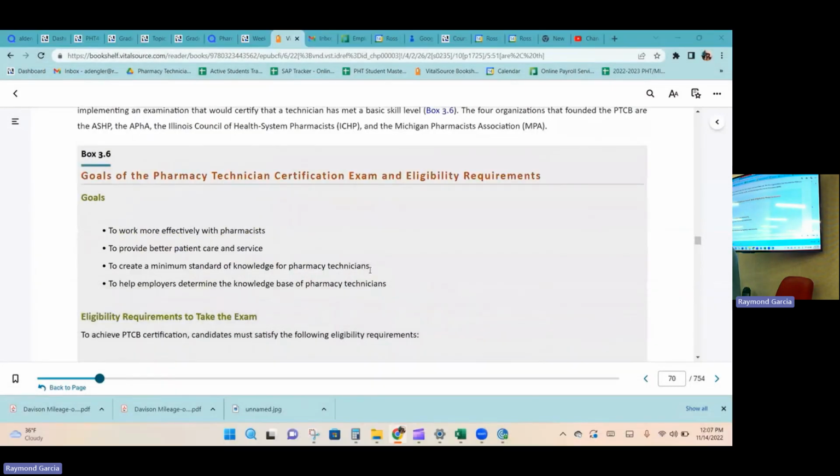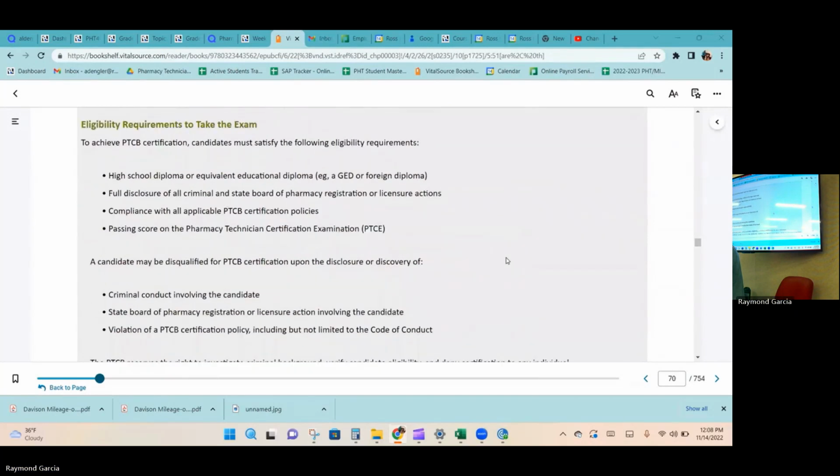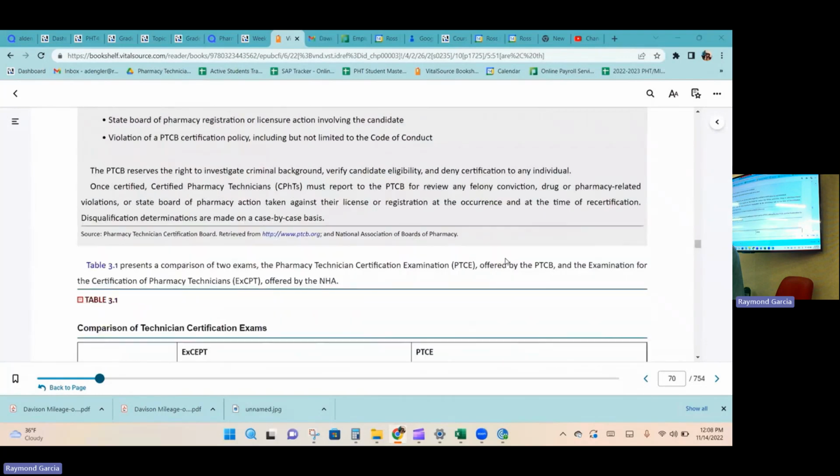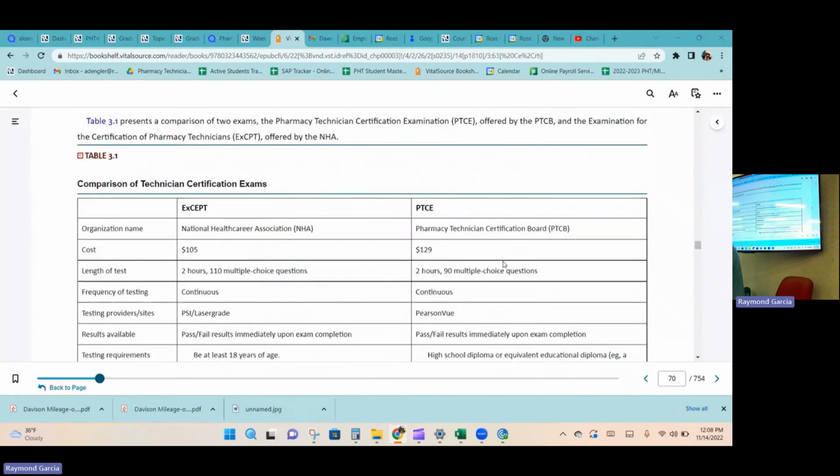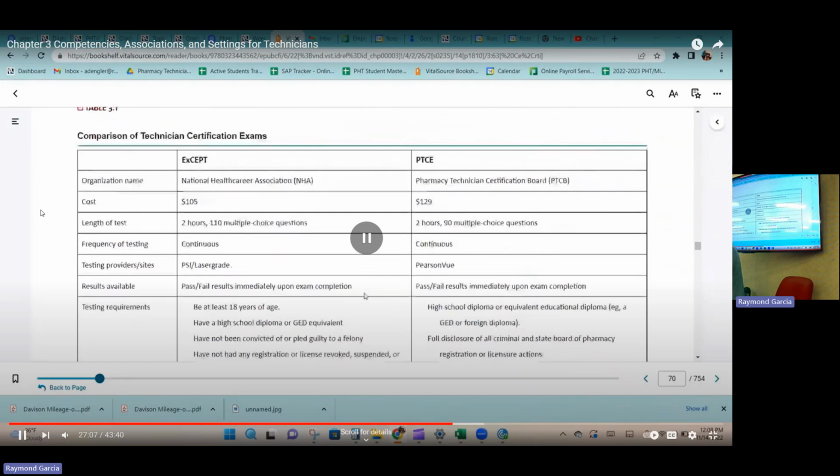Box 3.6 shows the goals of the pharmacy technician certification exam and eligibility requirements. You can read through that. If you have any questions, let me or your instructor know. Table 3.1 shows the comparison of technician certification exams. You have the EXCPT, which is given by NHA, and you have the PTCE, which is given by the Pharmacy Technician Certification Board.